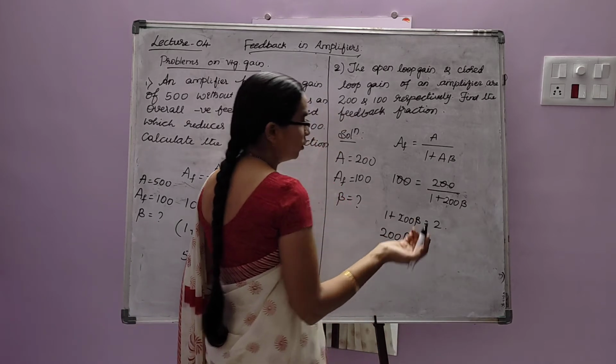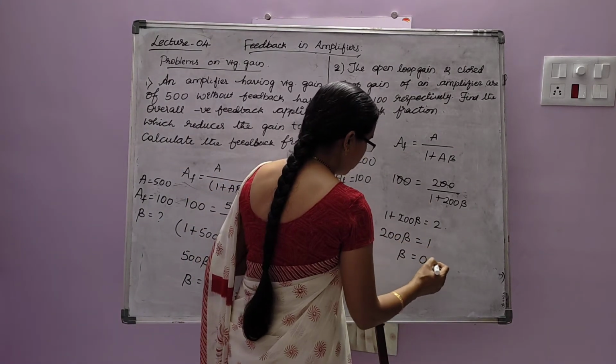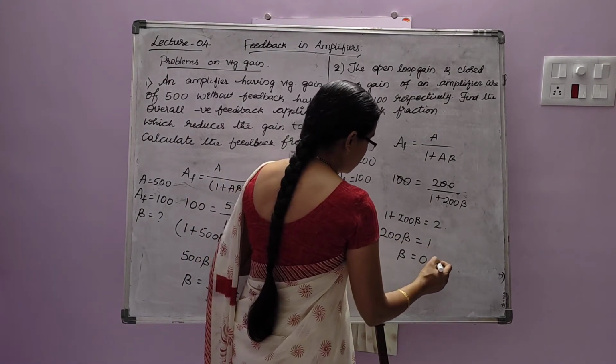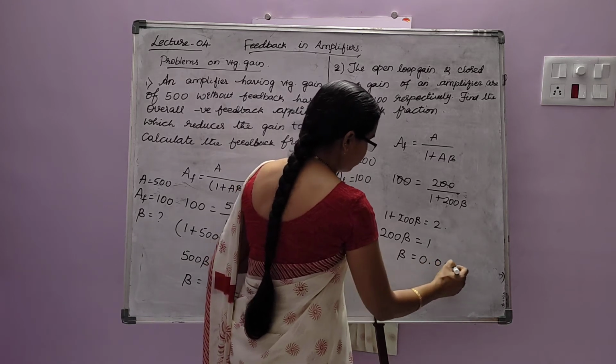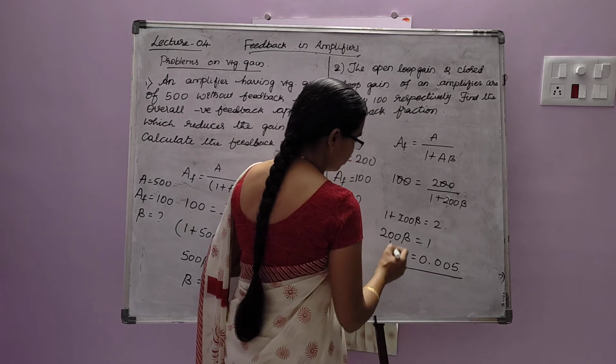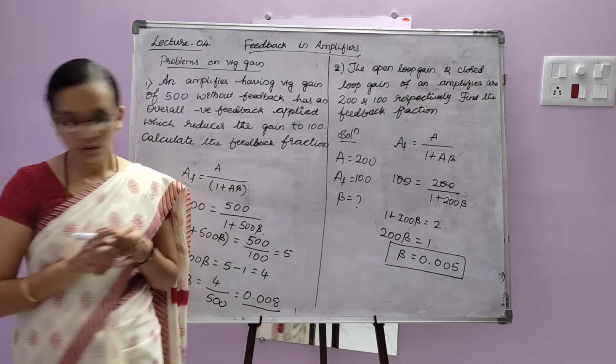Calculate with the calculator: 0.005 is the feedback fraction. Okay.